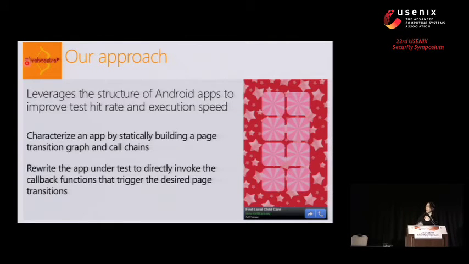So first, we characterize this Android app by statically building this page transition graph and call chains. And then instead of relying on user events, we rewrite an app so that the app automatically navigates to those target pages. And let me show you how.